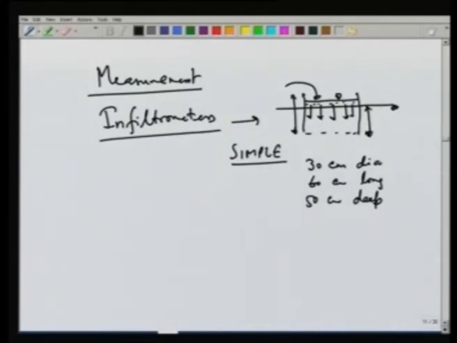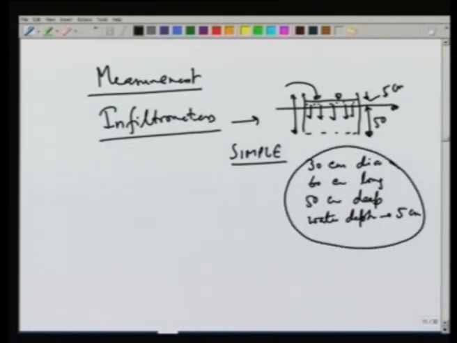It may be driven 50 centimeter below the ground surface, and the water level is generally around 5 centimeters. So, water depth around 5 centimeters. So, using these standard sizes, we can fill it with water and note down how much water is to be added to maintain this water level.